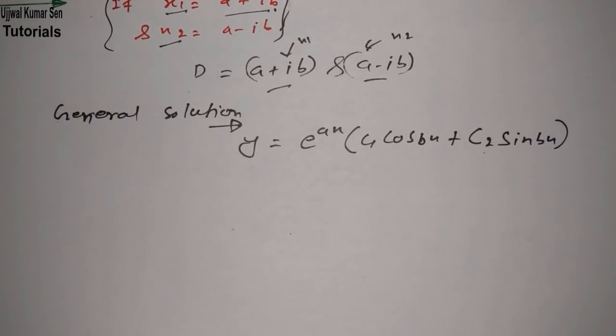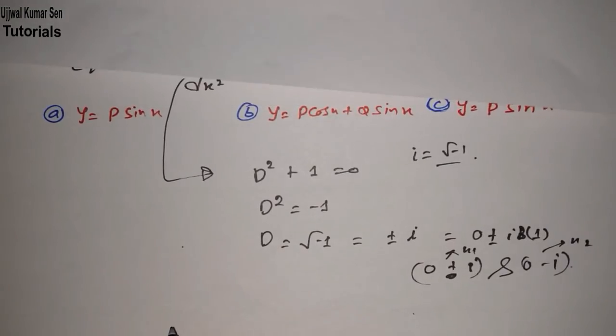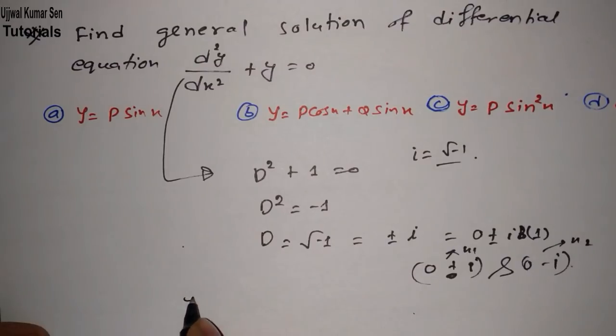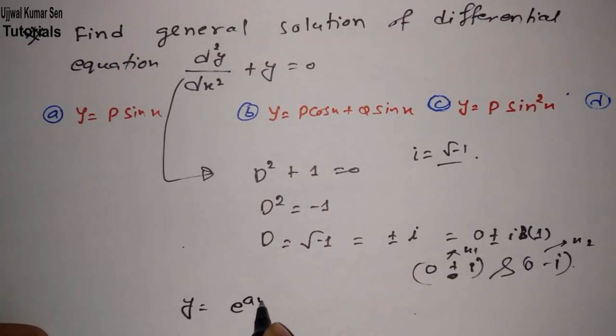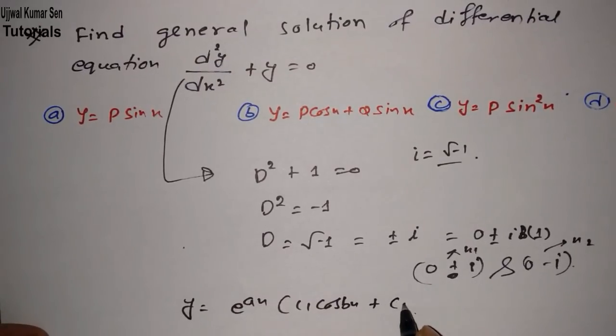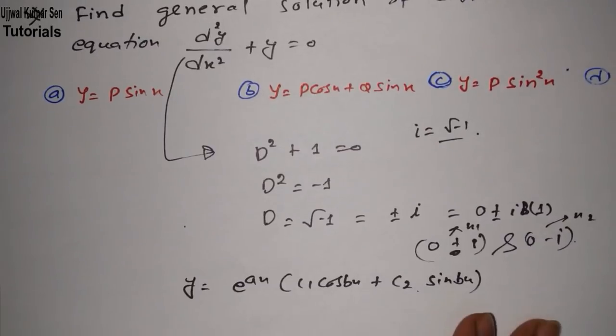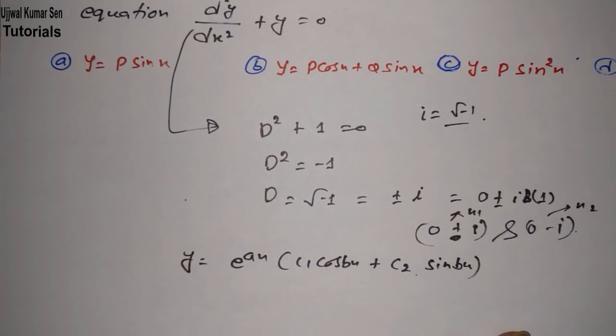That is important, isn't it? So let's go for it. First of all, write the equation: y is equal to e to the power ax (c1 cos bx plus c2 sin bx). Once we have written this equation, our job is almost done.